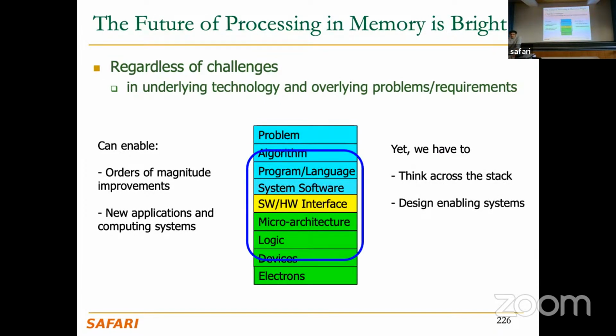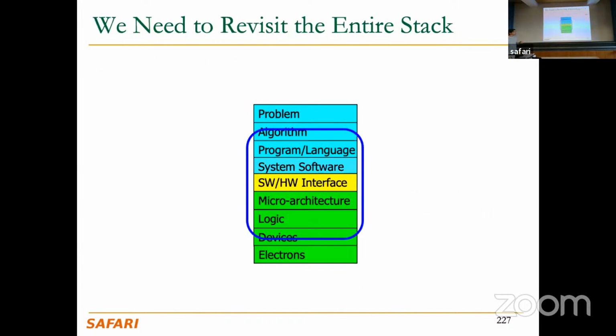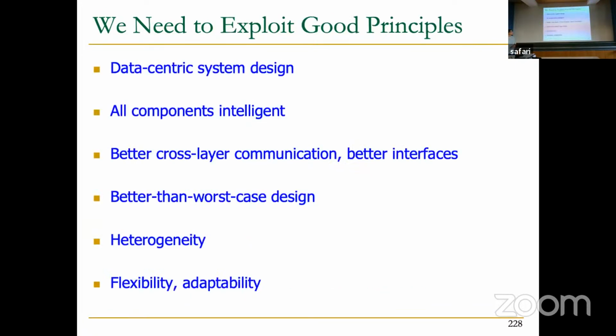But we need a view across the entire computing stack, and design enabling systems. So change things in existing systems to enable this new paradigm. So we need to revisit the entire stack and exploit good principles such as data-centric system design.